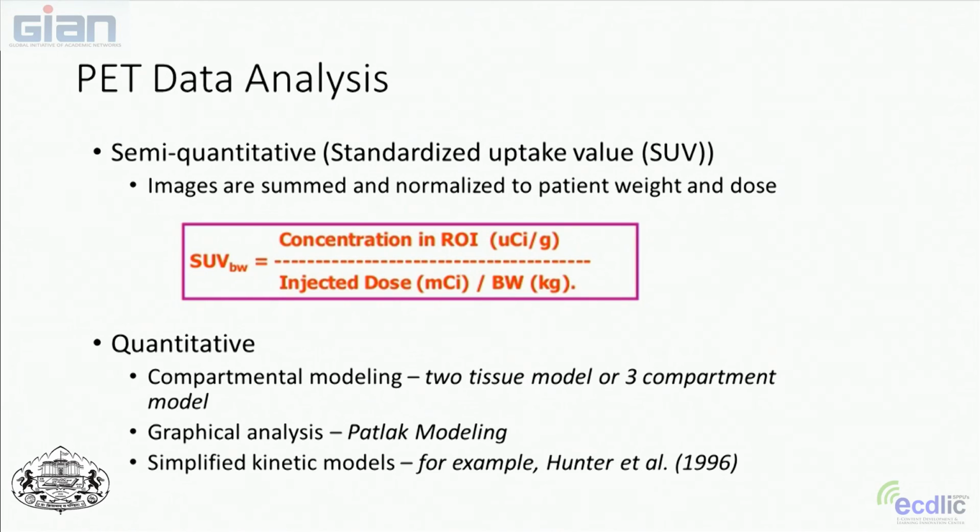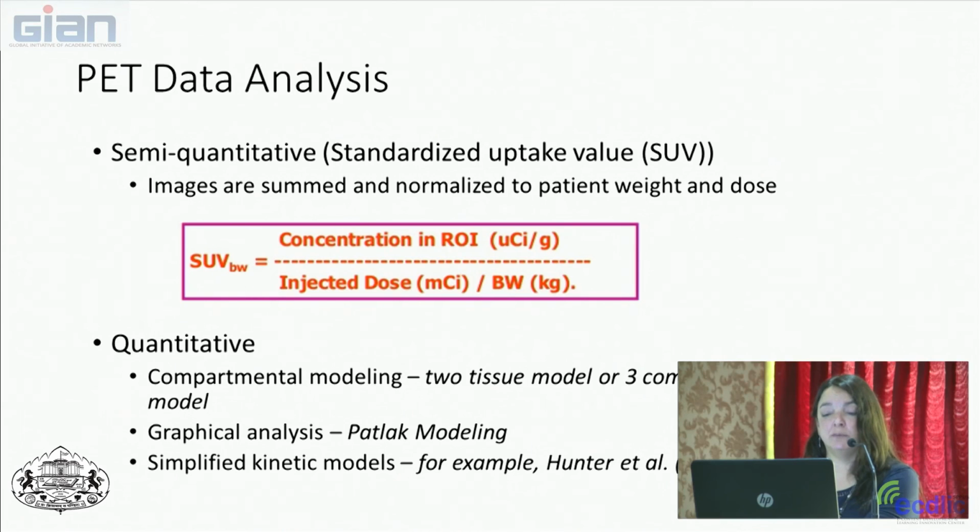A semi-quantitative analysis is where the images are summed and normalized to the patient weight and dose, and this gives you the standard uptake value, which is what we're trying to measure: how much tracer is being taken up in this person. If you're going to do a fully quantitative model, then you need to start using these compartment models.